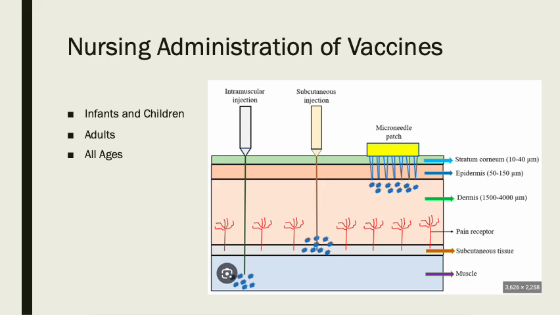We also need to make sure that the needle length is correct so that we put that medication right into the layer of skin that it's supposed to go. If you look on our slide here, you can see some of them go into the muscle. You will need a much longer needle for that. Some go into the subcutaneous tissue. Some of them might be right there on the surface in the epidermis. So be sure to check that out.